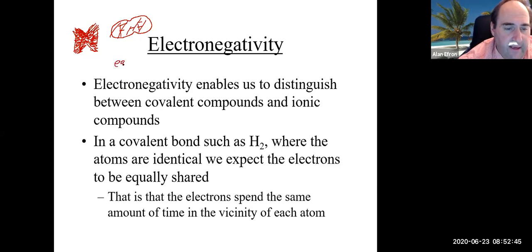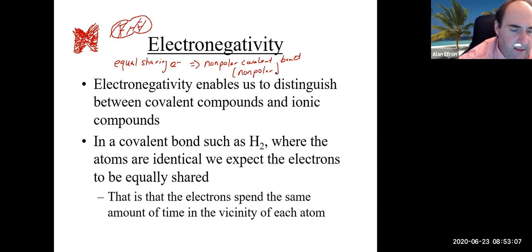So equal sharing of electrons is known as a nonpolar covalent bond, though most people will just call it a nonpolar bond, where the electrons are pretty much equally shared.